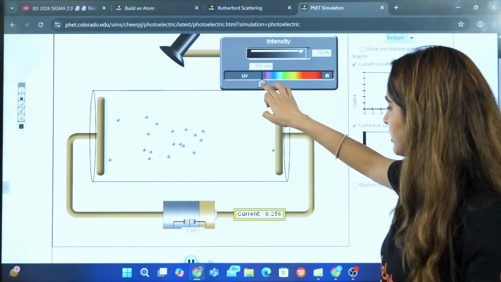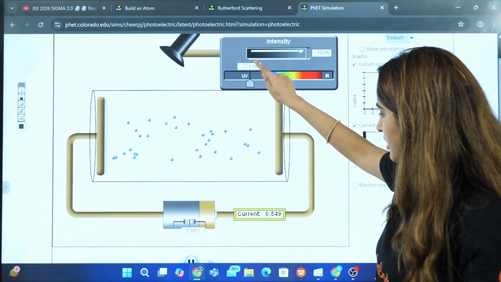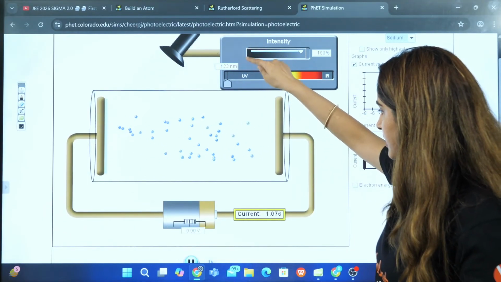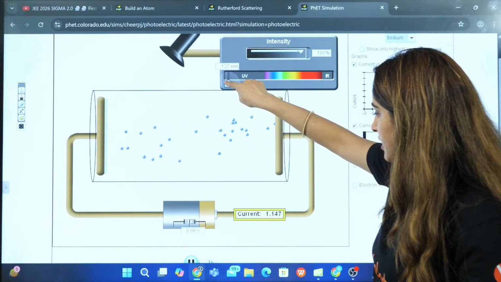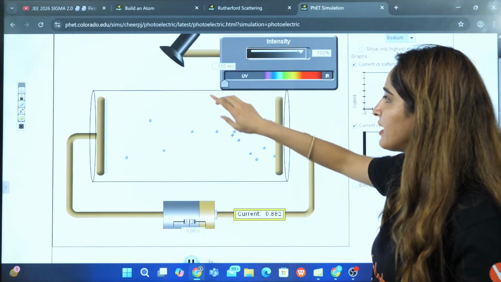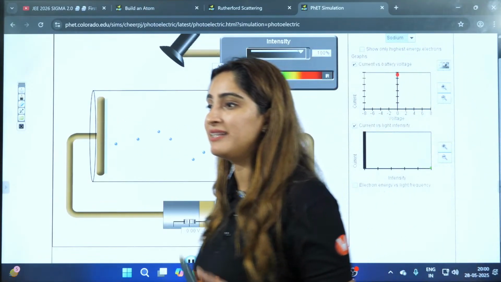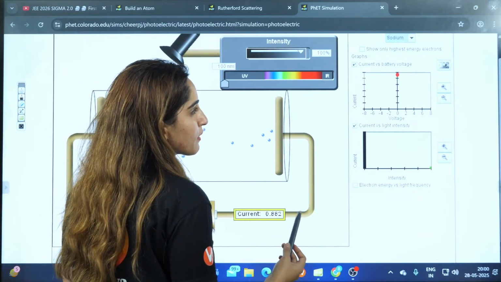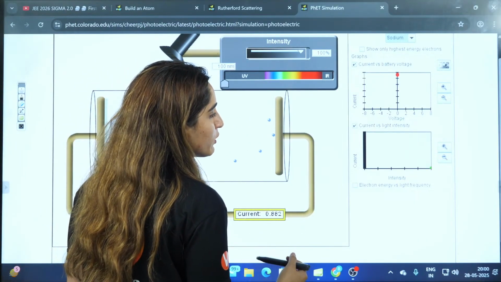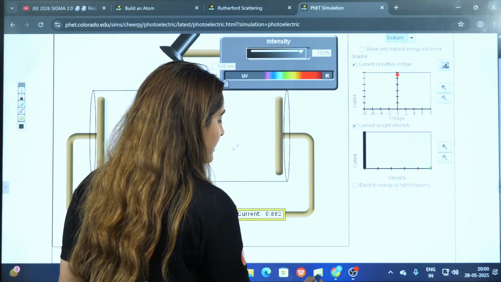Can you see it is increasing? Increasing, right? Then it will start decreasing because at one point in the end it will become constant only, right?